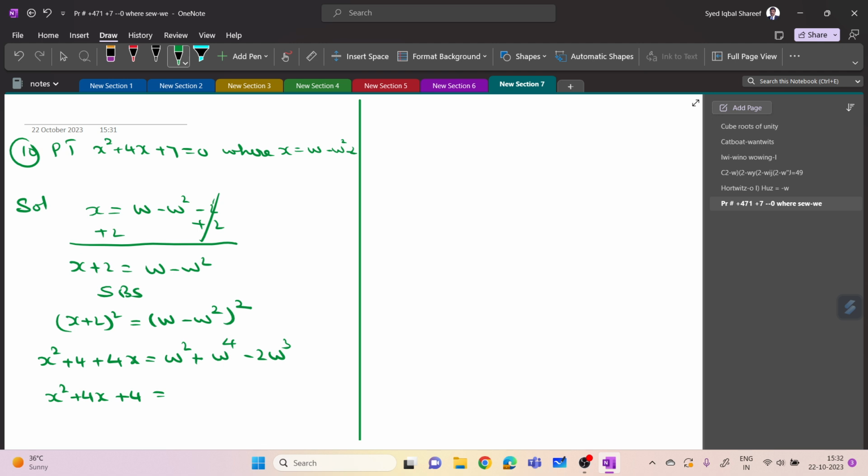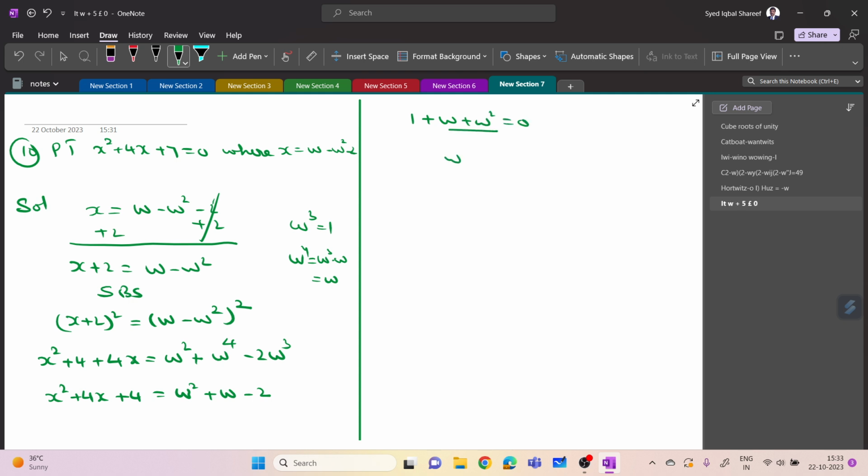So I am writing, you see, omega cube is 1. Omega to the power of 4 is omega cube into omega, that is omega only. So this is omega square plus omega minus 2. Now omega plus omega square is minus 1, since 1 plus omega plus omega square equal to 0.